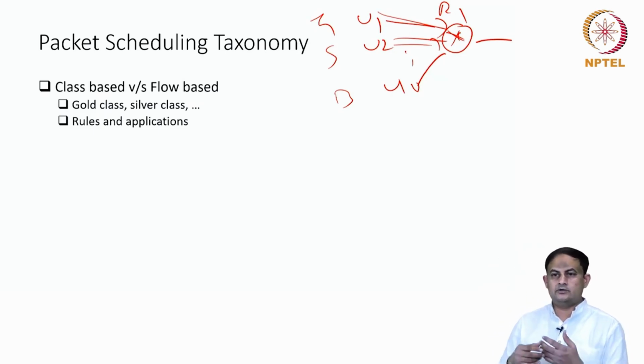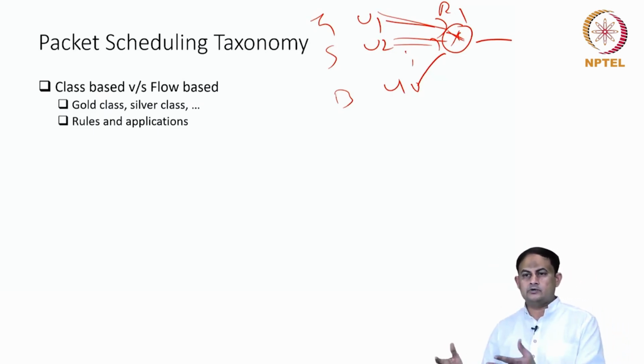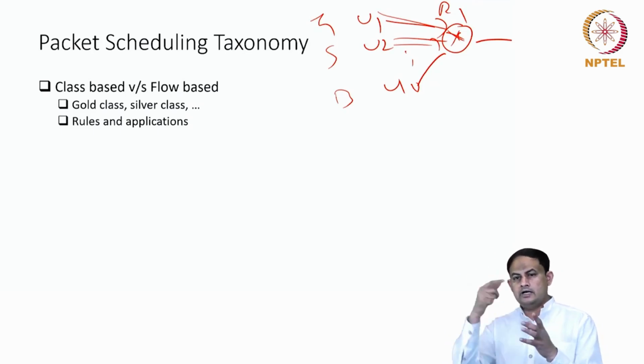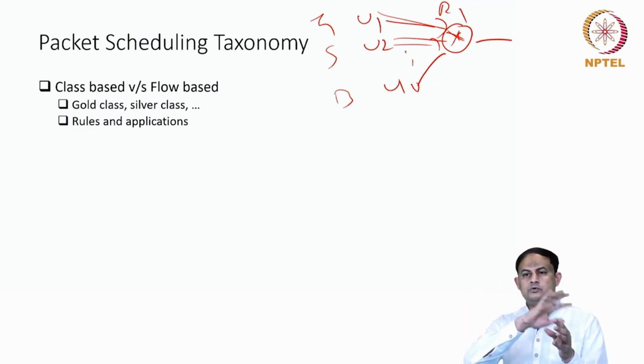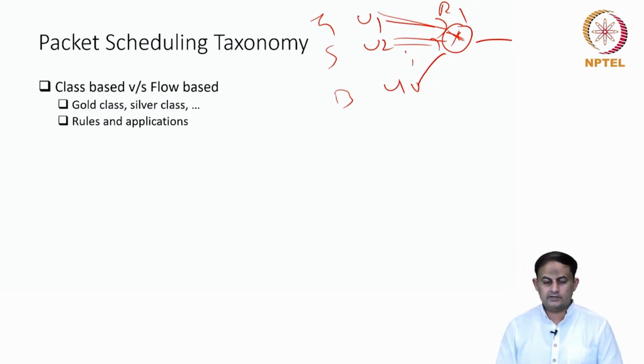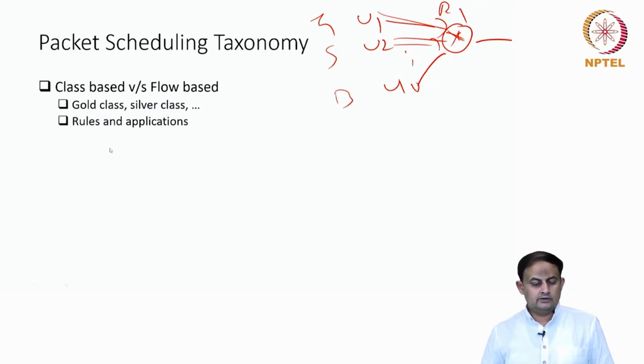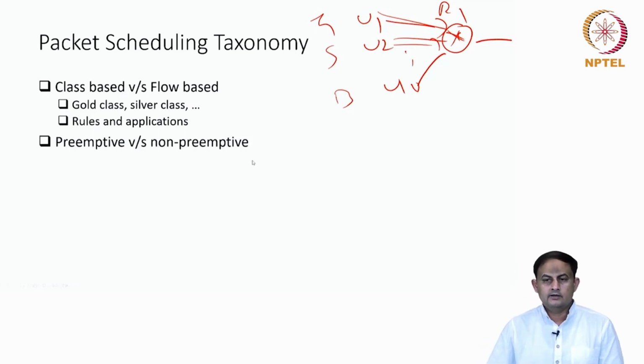I tell my scheduler to work accordingly. I want to transmit this faster, quicker, I want to delay this, I want to drop this. Accordingly, your scheduler can work out what to drop and what to transmit quickly, and the rules dictate what to transmit or what to be given priority.